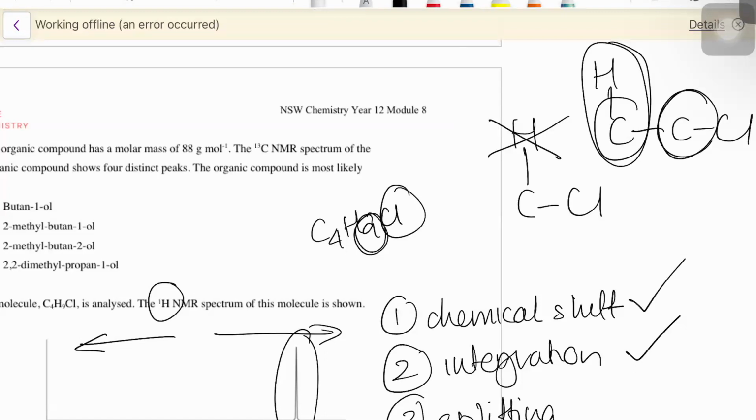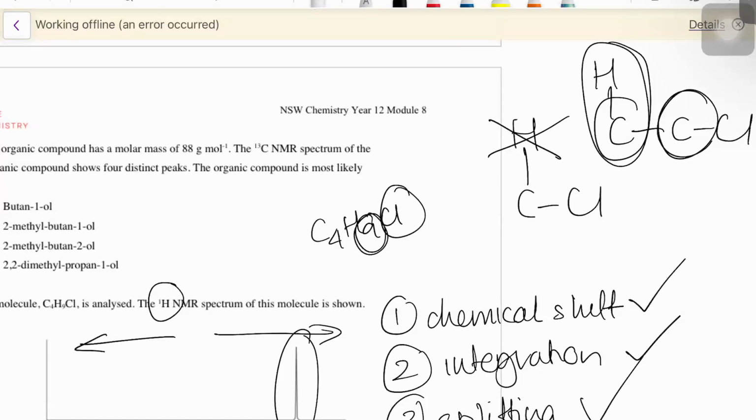My single signal has no splitting. What that means is the carbon that my hydrogens are bonded to, the carbon next to it, is bonded to no hydrogens. My hydrogens are bonded to this carbon. The carbon that carbon is bonded to has no hydrogen. Because I show no neighbors, I show no splitting.